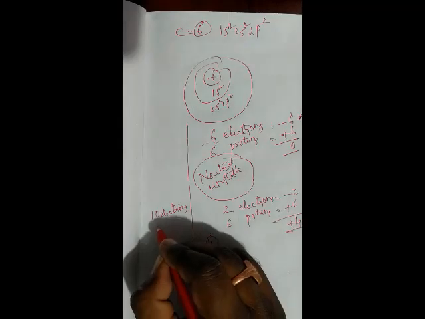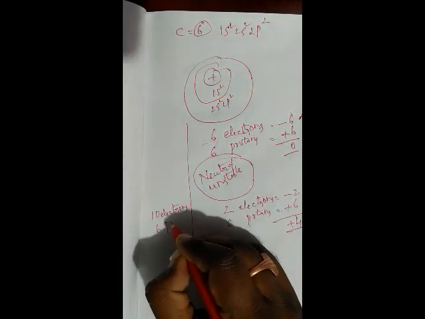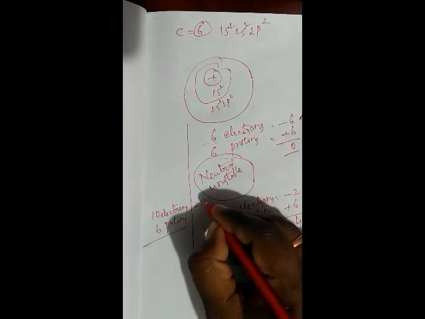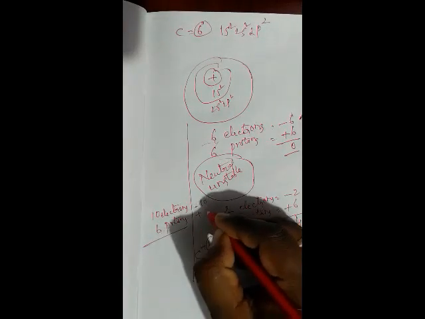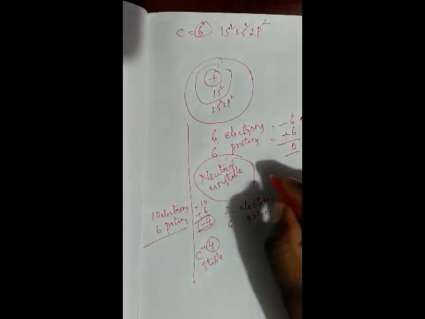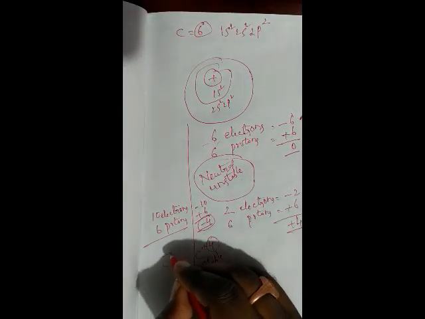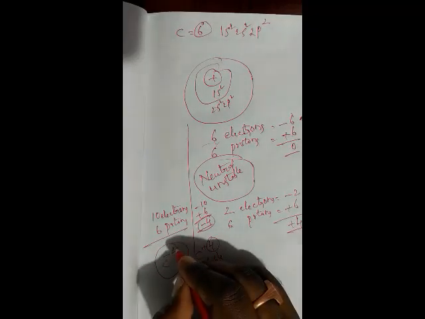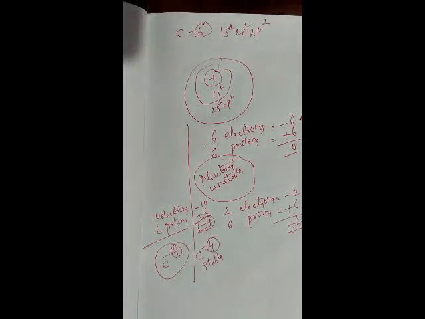But there is no change in its protons. Protons will be 6. 10 electrons means minus 10, and 6 protons means plus 6. So the charge is minus 4. So C minus 4 is also a stable atom, and the valence is completely 4.